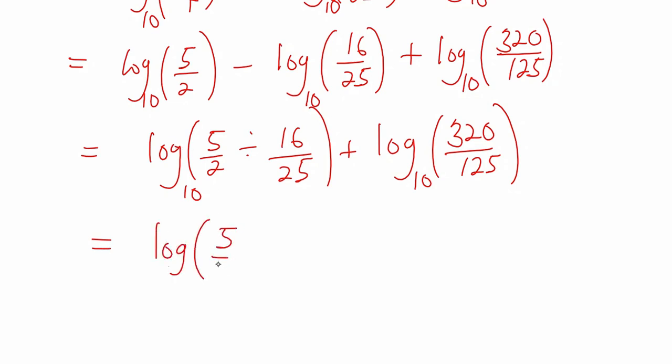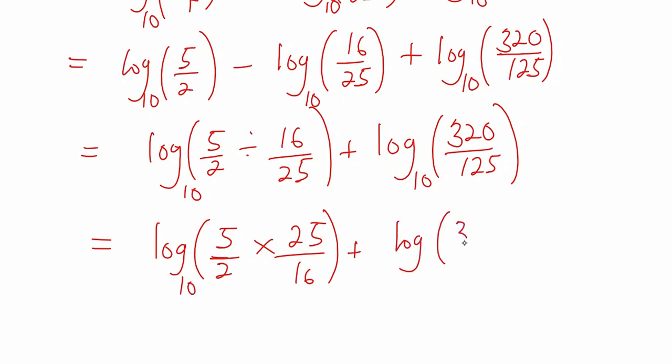Now we have here the logarithm of 5 out of 2 multiplied by 25 out of 16 base 10 plus the logarithm of 320 out of 125 base 10.